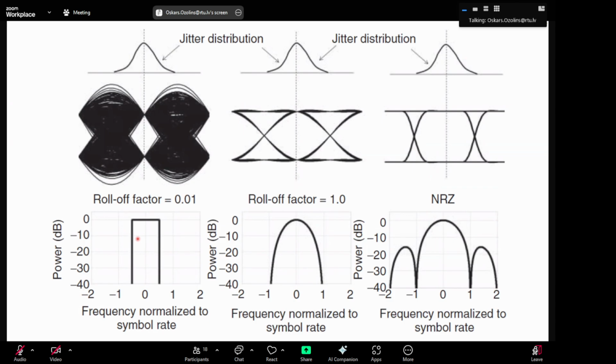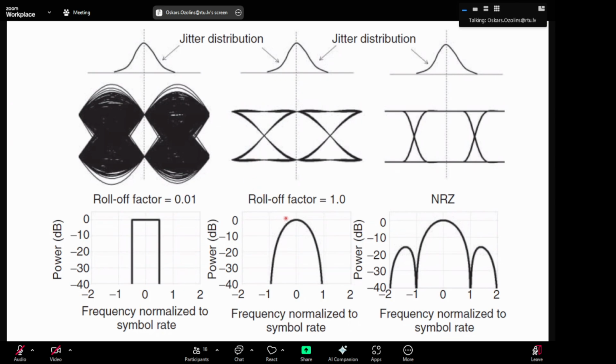So here you have the time domain I diagrams, then you have the frequency domain spectrum. You have a non-return to zero, that's also a pulse shape. When you have a spectrum like this, you have a very clean I diagram. You need the whole spectrum from -2 to +2 to represent this time domain signal.